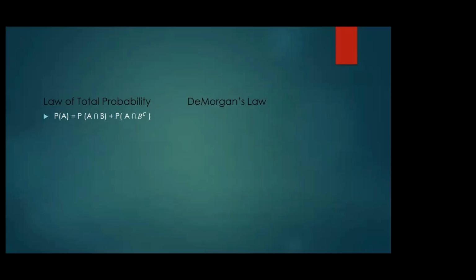Basically, the law of total probability states that the probability of A is equal to the probability of A intersect B plus the probability of A intersect B complement.